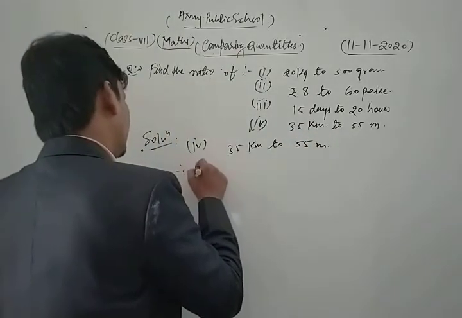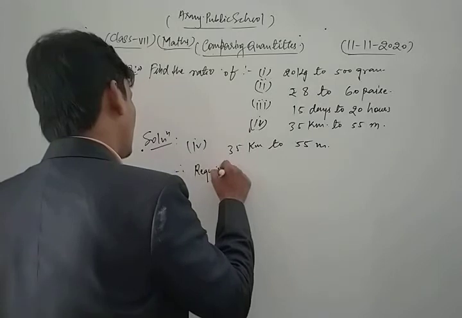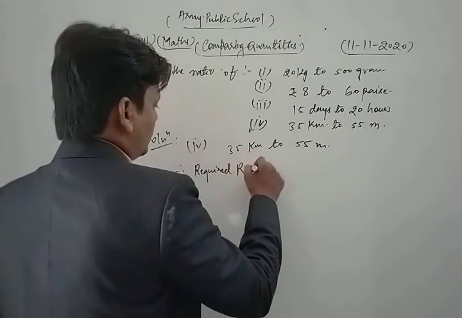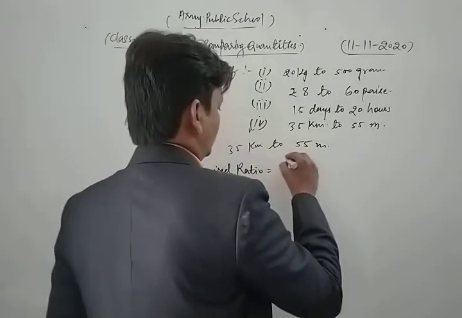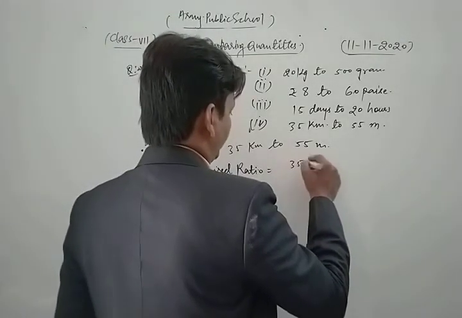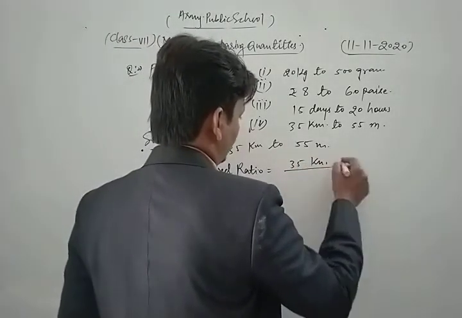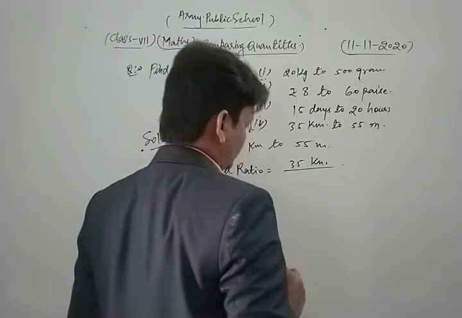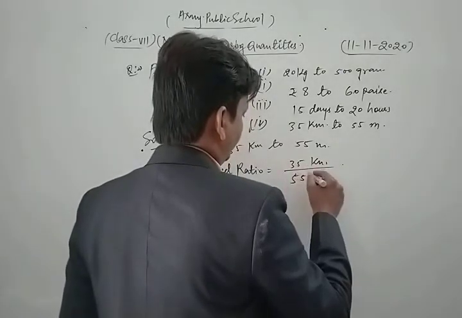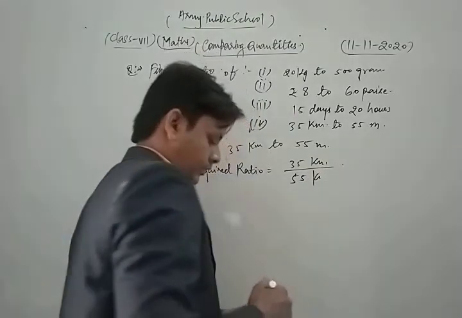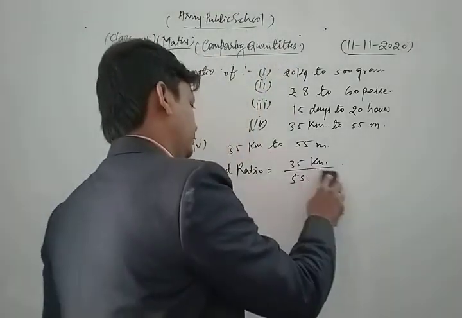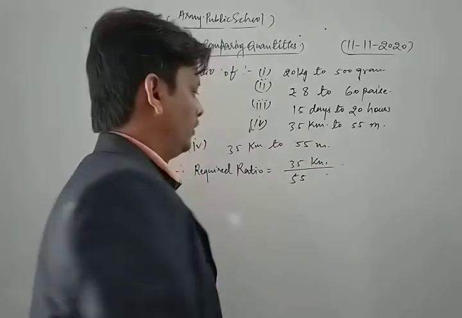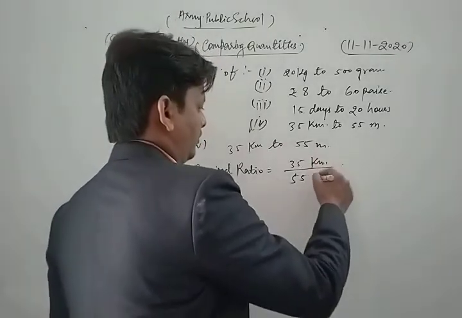The required ratio is 35 kilometer upon 55 meter.